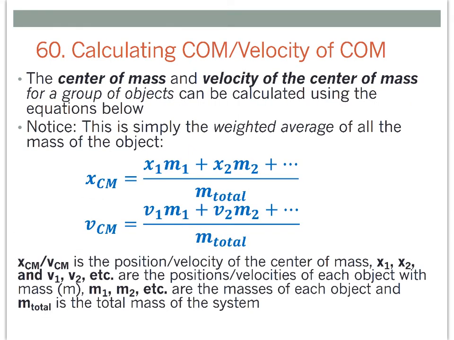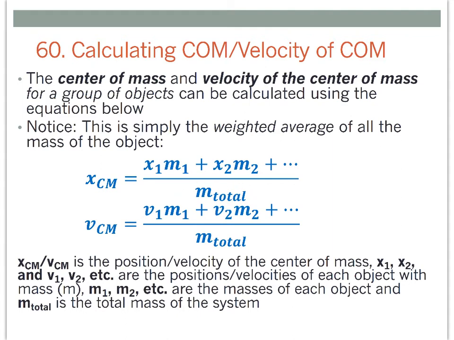Mathematically, this is what we're looking at for calculating the position of the center of mass as well as the velocity of the center of mass. And all it is is what we've been talking about, a weighted average. For position, we take the position of the first object times its mass plus the position of the second times its mass, and so on, and we can add up as many different objects as we want, and then we just divide by the total mass.